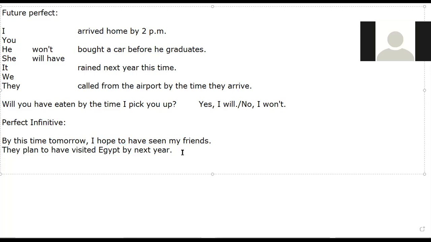Y cuando hagas preguntas es exactamente lo mismo. Vamos a hacer una en tercera persona.